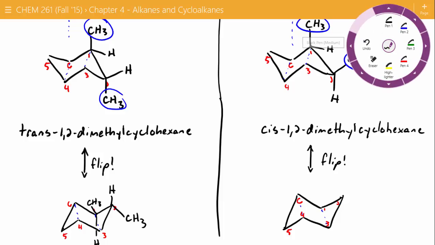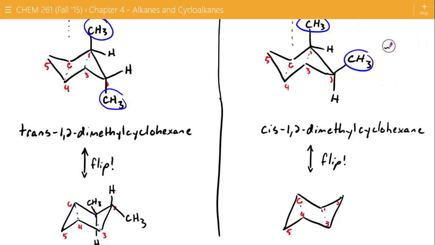In the 1 position, our methyl group is still equatorial. Our proton is still sticking straight up and down. And then in our 2 position, our methyl group is now axial. And our other proton is pointed away. So can you guys see how we flipped from our axial position to our equatorial position for each substituent? All right, let's try one more practice one.